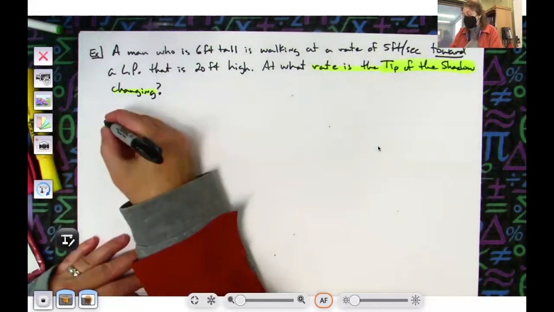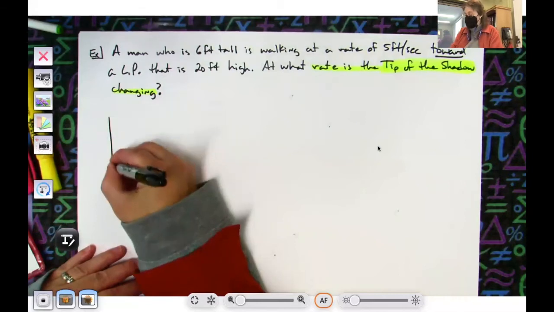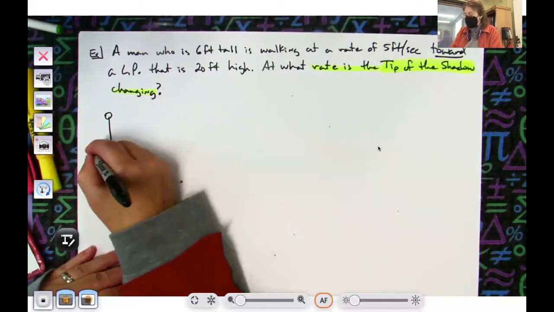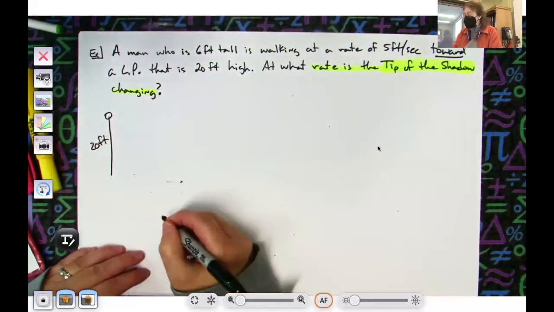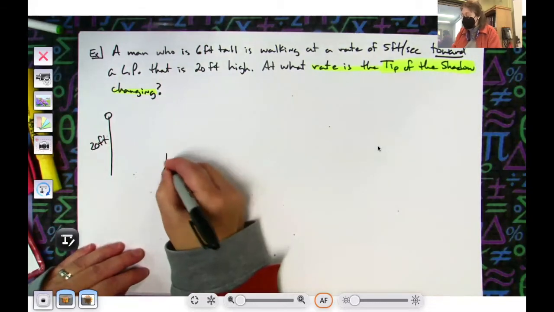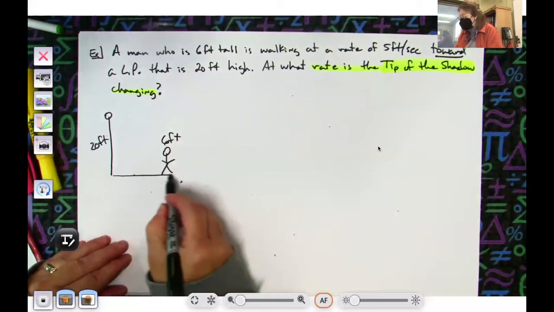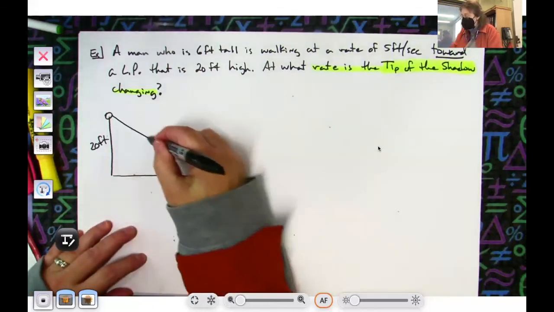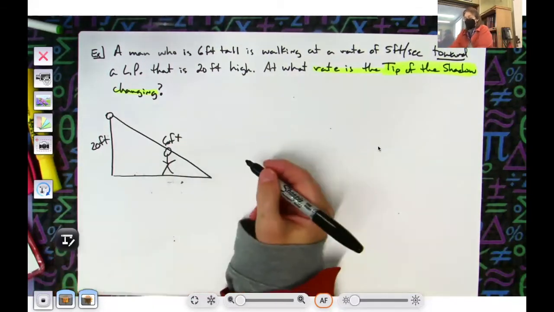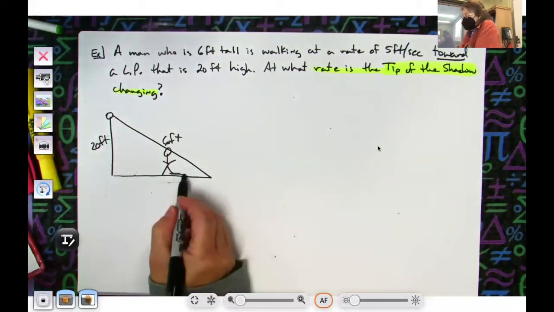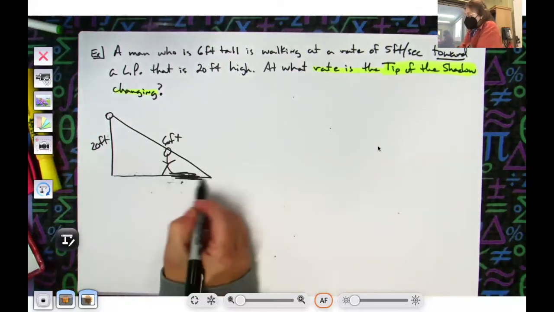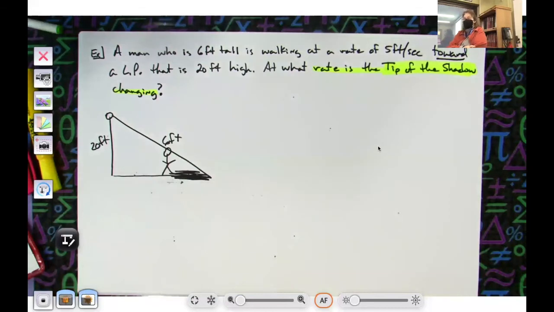Let's really focus on this. I'm going to make this a little bit bigger than I did before. There's my light pole at 20 feet. Here's my guy, and he's 6 feet. We know we've got proportion here with two similar triangles. This is the dude's shadow, so we'll put the shadow in there.